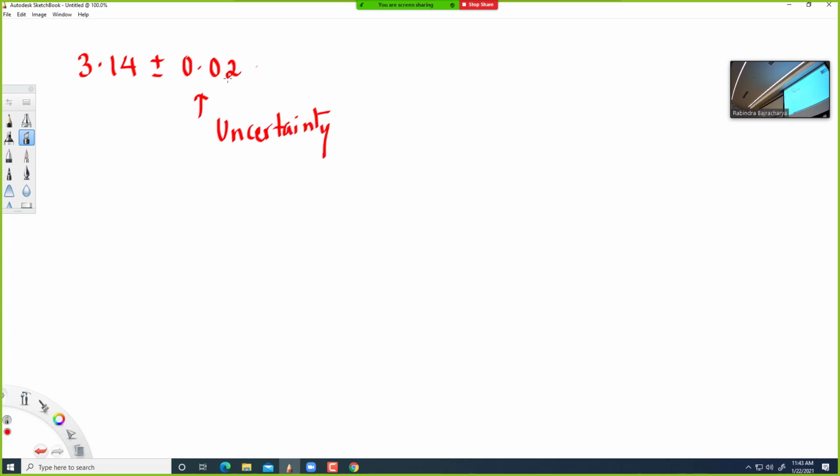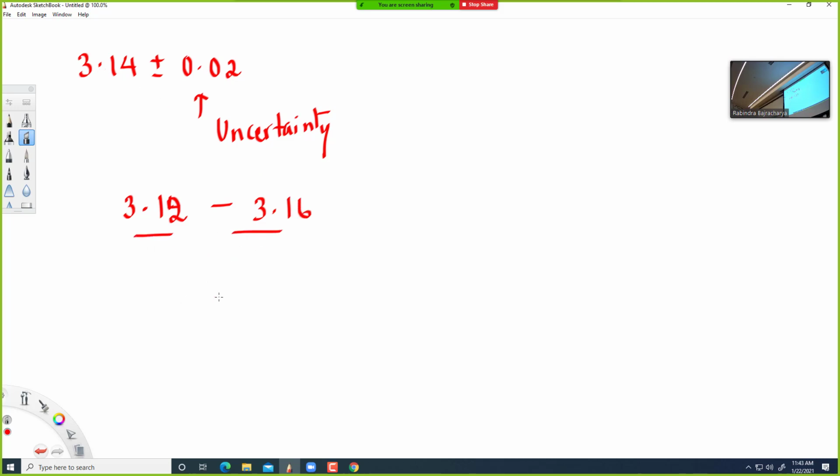And the meaning of this is, the number you are writing here is not exact, and the number could be in between 3.12 and 3.16. So you add and subtract this from that.